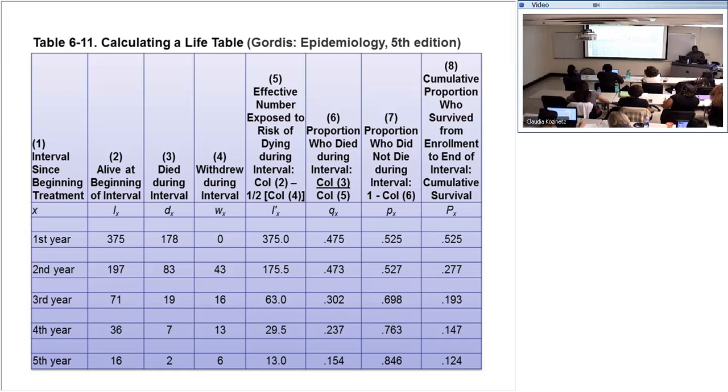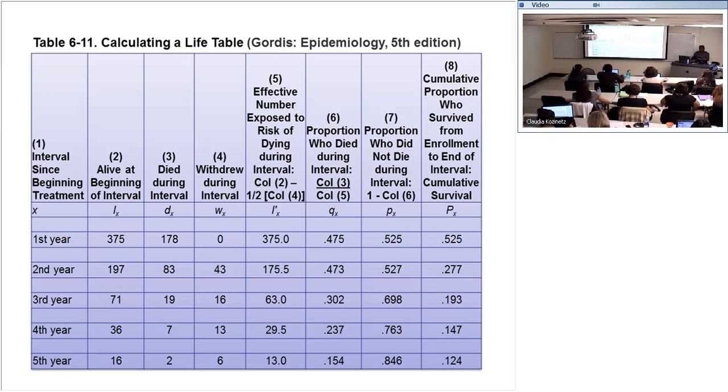When we subtract 0.154 from 1, we get 0.846. And so that is the probability of surviving at this interval. When we multiply that one by this, we get this.